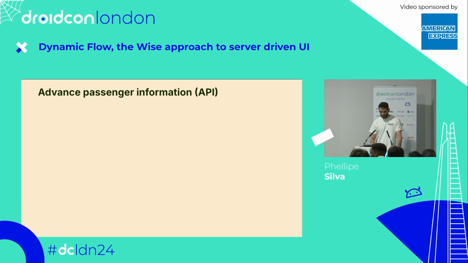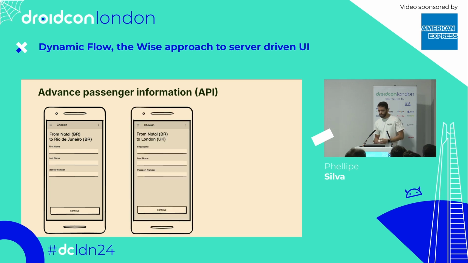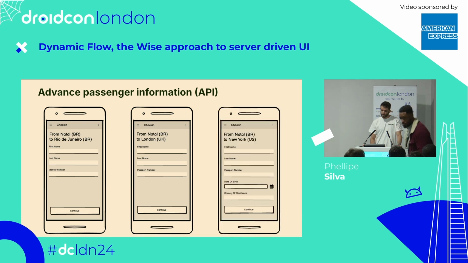As an example, if you have a domestic flight in Brazil, you might need to provide some information. But if this flight is international, let's say from Brazil to the UK, you might need to provide a different variant of this data, such as your passport number instead of your identity number. And depending on the origin and the destination of your flight, the variations can go on.